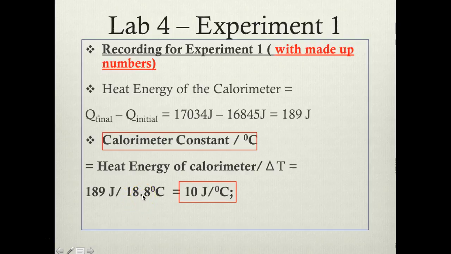It went from 21.5 to 40.3, so that change in temperature is 18.8. So 189 joules divided by 18.8 should come out to be 10 joules per degree centigrade. So the calorimeter constant in experiment 1 is 10 joules per degree centigrade. Remember, the way you got the 18.8 was 40.3 minus the 21.5.